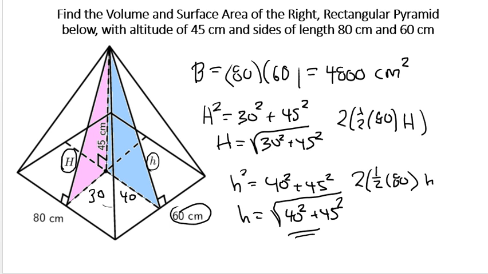So we take the area of the base, add it to the area of the sides with base length 80, add that to the sides with base length 60, sorry about that, and that gives us the surface area of this non-regular rectangular pyramid.